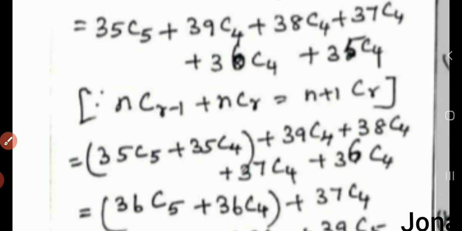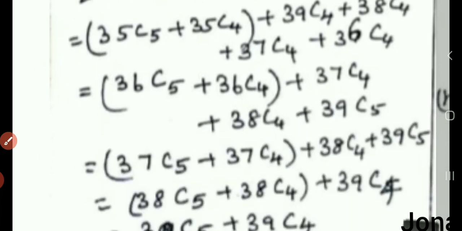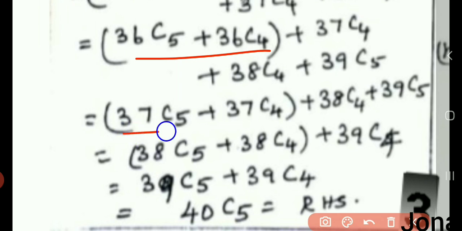So in this first bracket also, I use the same formula. Here r is 5 and n plus 1 is 36 plus 1, so we have 37C5. Now I want to group this 37C4 along with this answer. So 37C5 plus 37C4.